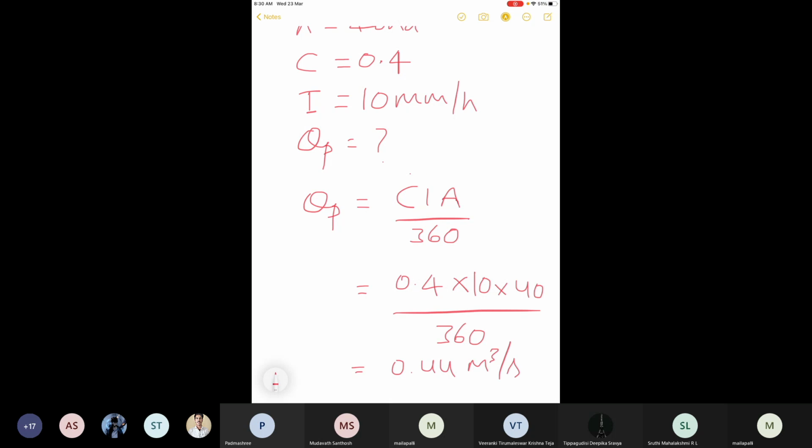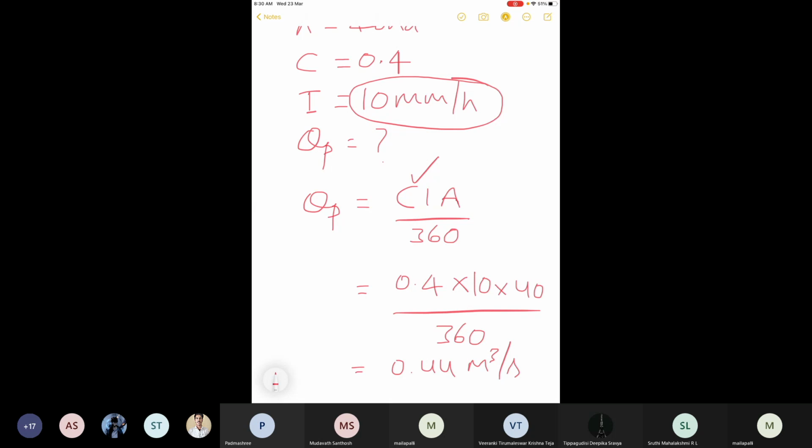So, having the runoff coefficient 0.4 and rainfall intensity 10 mm per hour, what is the meaning of this rainfall intensity? That means this much rainfall, 10 mm per hour, might have happened for a duration equal to the time of concentration.